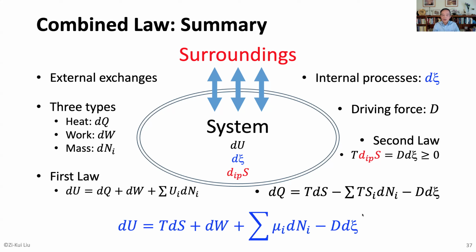And then we get the combined law, the same combined law by Gibbs and also by Hillert. In Gibbs, as we will discuss in future lectures, Gibbs talks about an equilibrium system with this term equal to 0, but Hillert kept this term here. That's why in my paper I used Gibbs equilibrium thermodynamics and Hillert non-equilibrium thermodynamics.